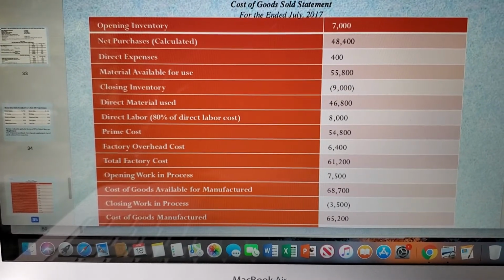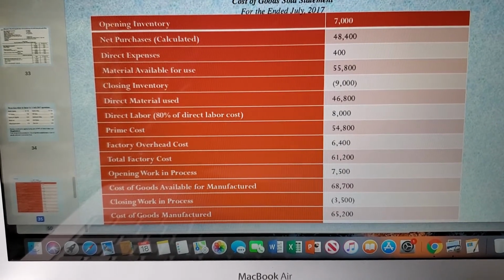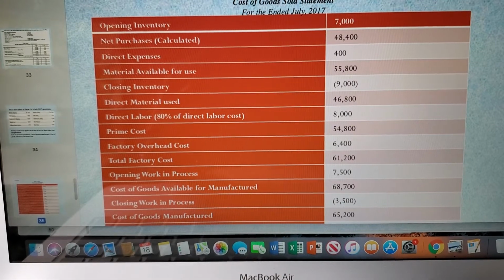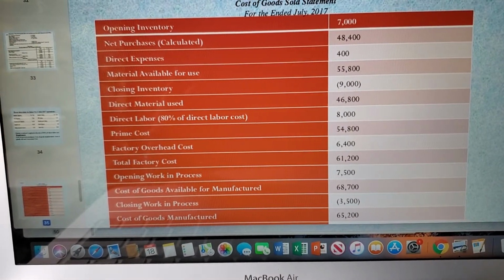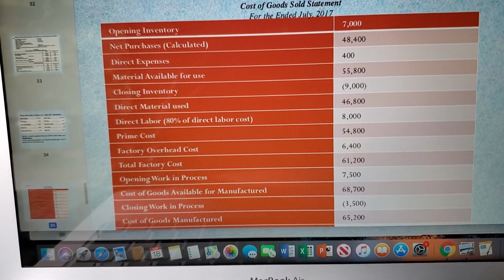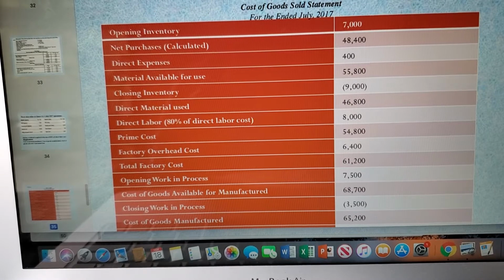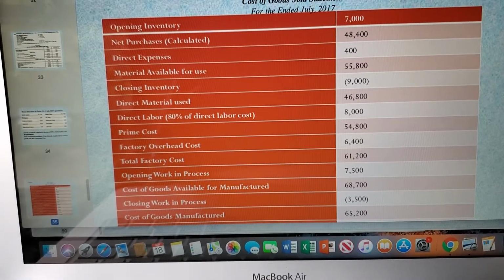Opening inventory 7,000. Net purchases calculated 48,400. Direct expenses 400. Material available for use 55,800. Closing inventory 9,000. Direct material used 46,800.